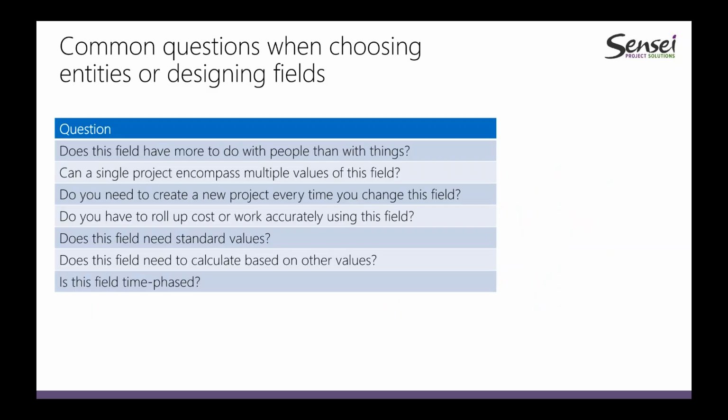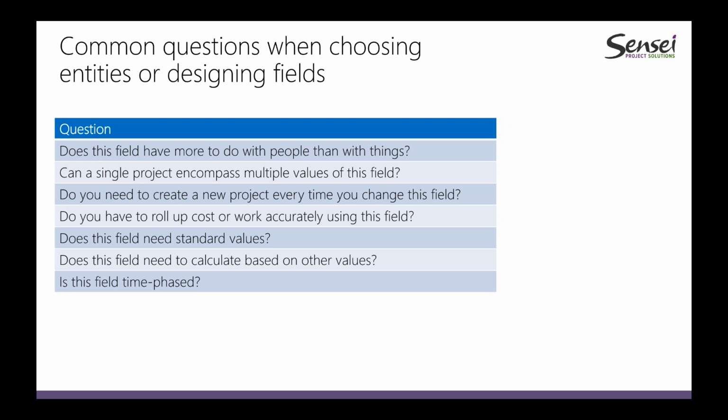And when you're creating fields, and when you're looking at customizing your project instance, there are a lot of questions that you need to ask yourself. You need to ask your team, your stakeholders, about whether or not a particular piece of data makes sense where it is and where it should go.